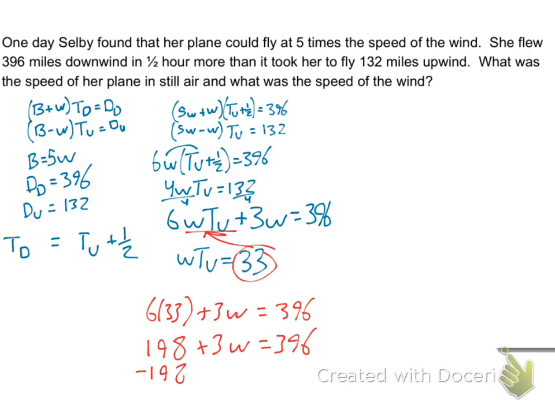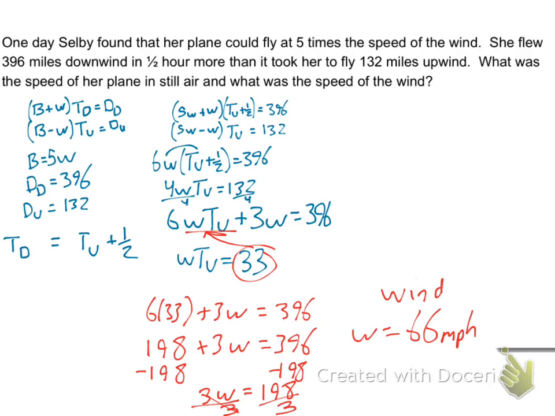Subtract 198 from both sides. 3W is equal to what? 198. And divide both sides by 3. W is equal to 66 miles per hour. What did W represent?